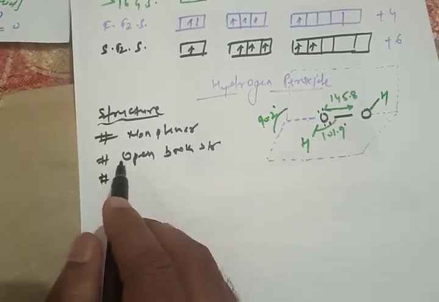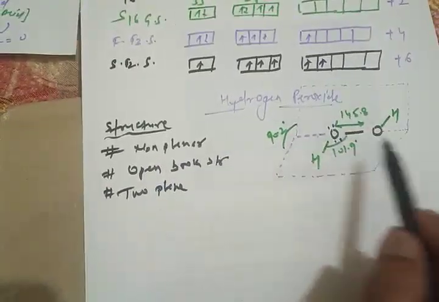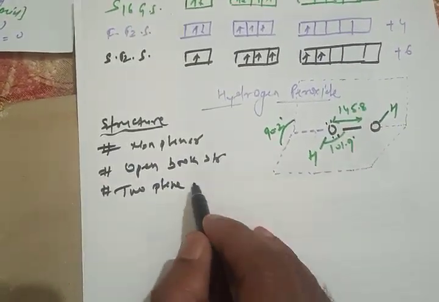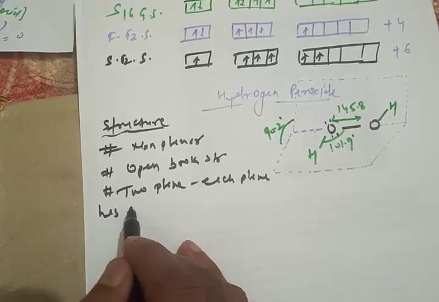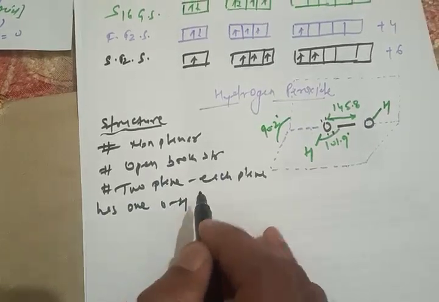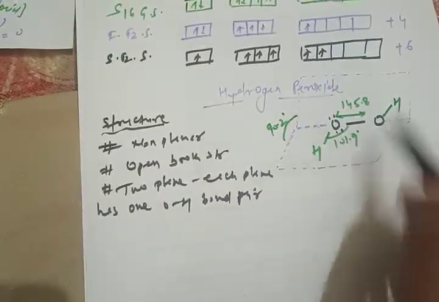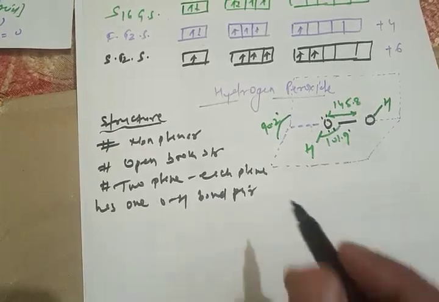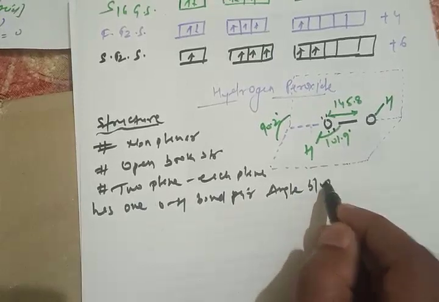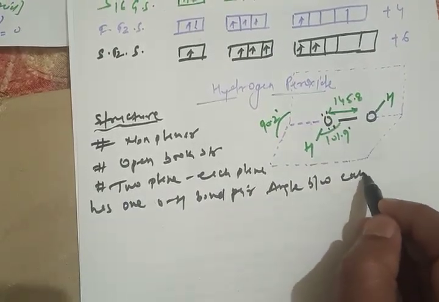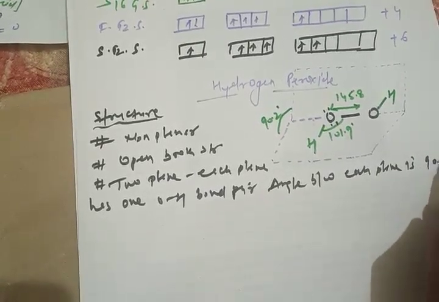Third is two planes. One plane is this one and one plane is this one, and each plane has one OH bond pair, like in this case OH and in this case OH. And the angle between each plane is 90.2 degree.